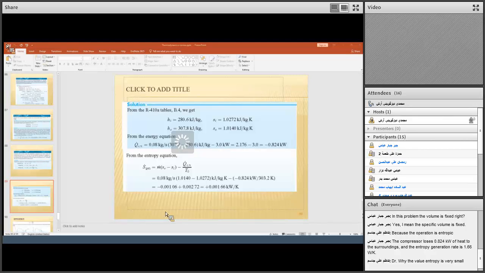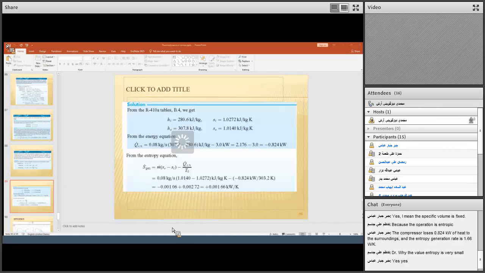Okay, remember that you pointed to the wrong number, Jabbar. Kazem asks why the value of entropy is very small. Because it's per Kelvin.